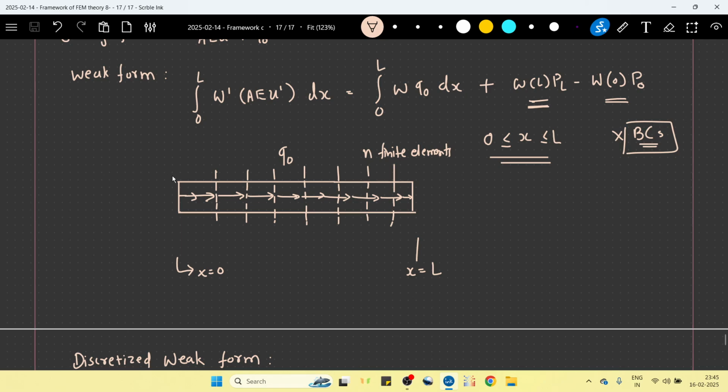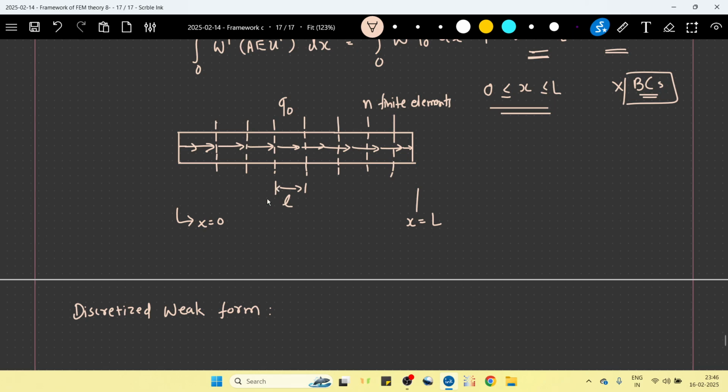For example, if this domain is L, and let's take this subdomain, for now let's take all the subdomains to be of equal length. So we'll replace this integral over L with the summation over subdomain integrals of small l.